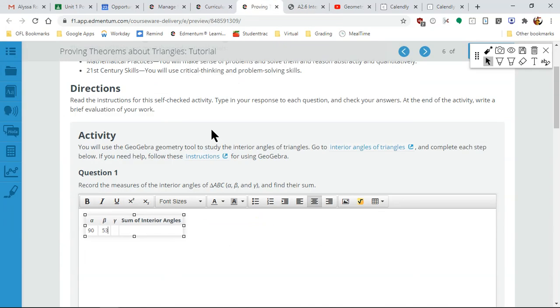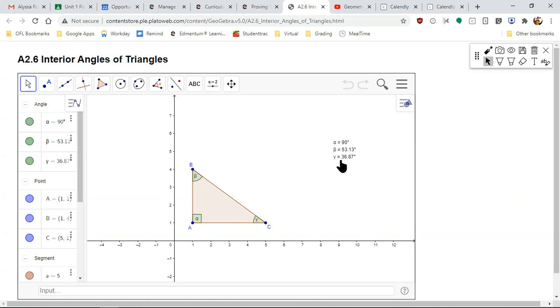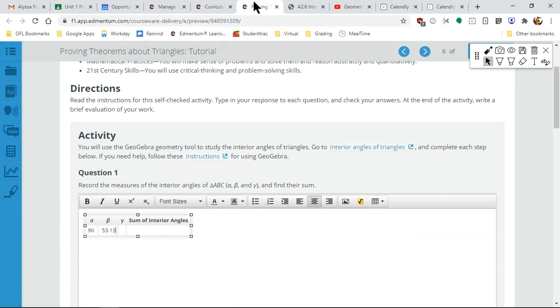Beta is 53.13. And gamma is 36.87. If we add these all up, 87.